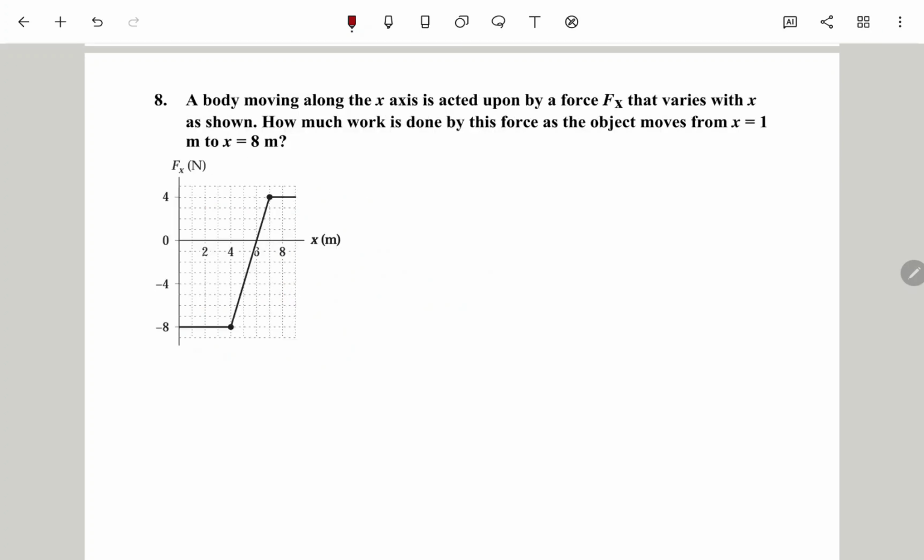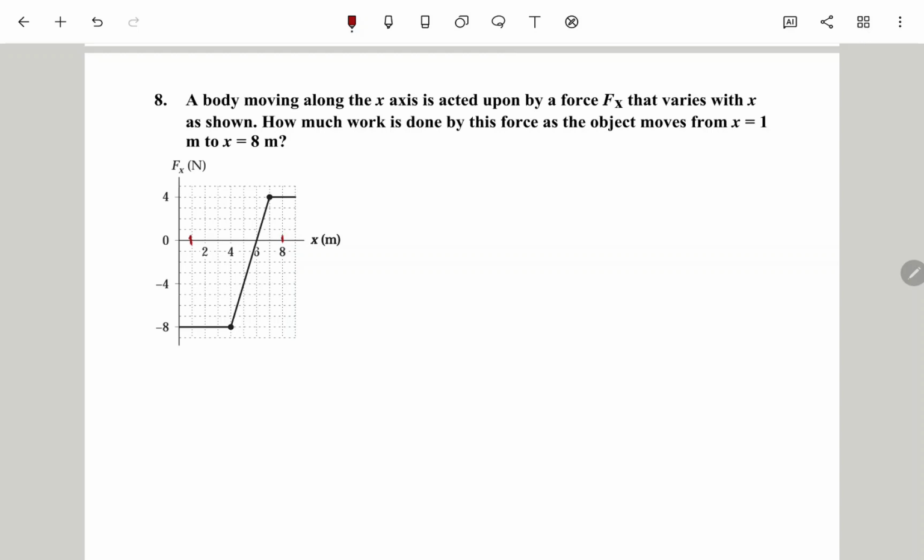A body moving along the x-axis is acted upon by force Fx that varies with x as shown in the figure here. How much work is done by this force as the object moves from x equal to 1 to x equal to 8? Based on this graph, this is 1 here, and this is 8.